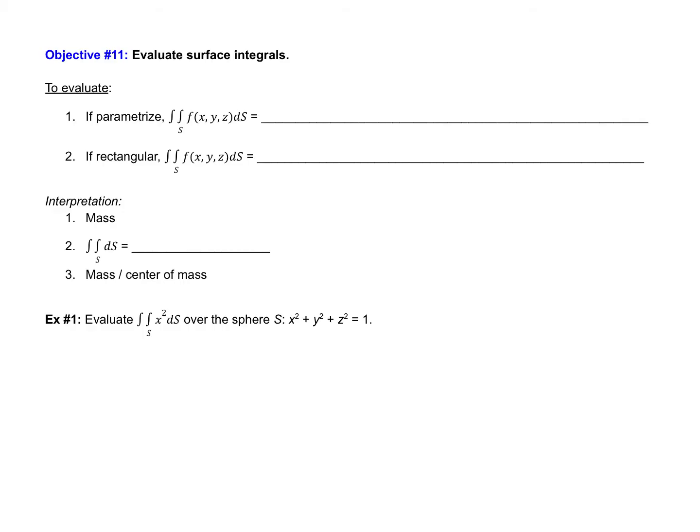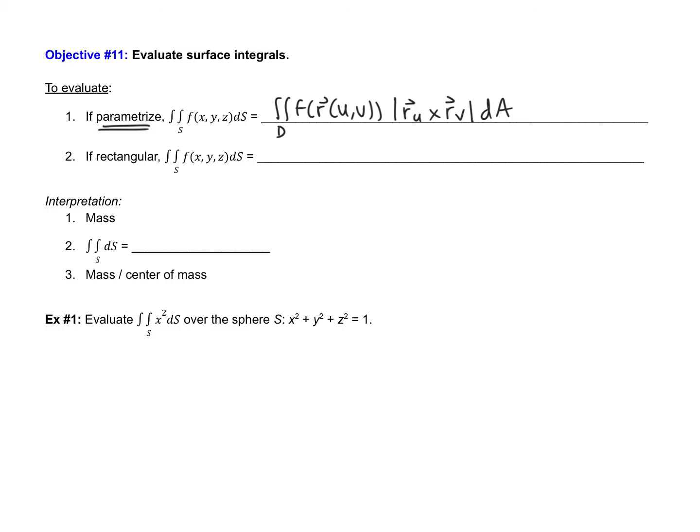Okay, so to evaluate, you have two options. If you have parameterized the surface, then you'll have the double integral over the region D of f(r(u, v)) multiplied by the magnitude of r_u crossed with r_v, dA.